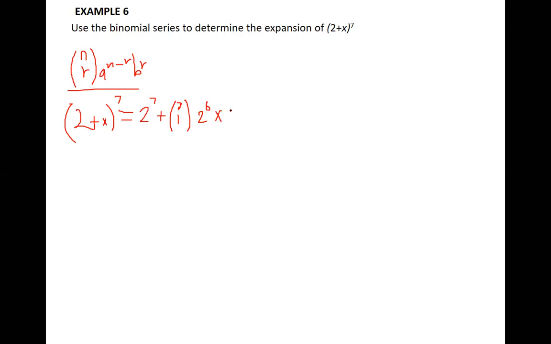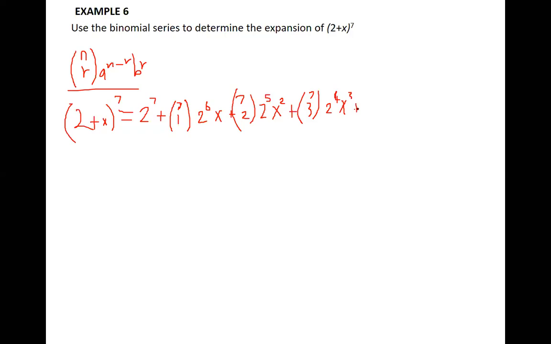Then plus 7 choose 2, and you go on like that. Your 2 will reduce in power, and your x will increase in power by 1. Then plus 7 choose 3, and your 2 will reduce, you have a 4, and then x to the power 3.